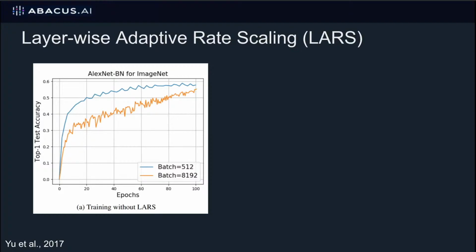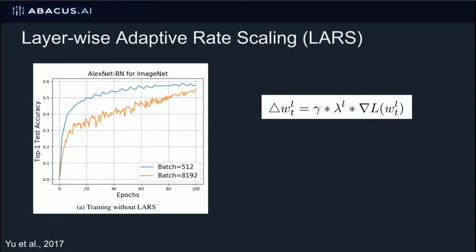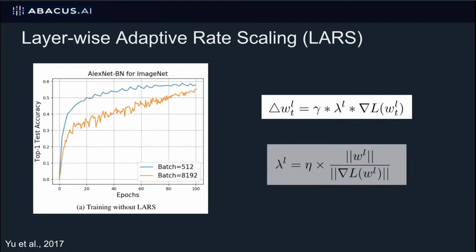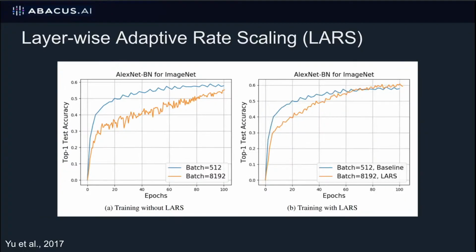The essence of LARS is a per-layer learning rate lambda, which is proportional to the ratio between the layer norm of the weight and the layer norm of the gradient. Using LARS, the authors scaled AlexNet up to a batch size of 8,000 and ResNet-50 up to a batch size of 32,000 without any loss in test accuracy.